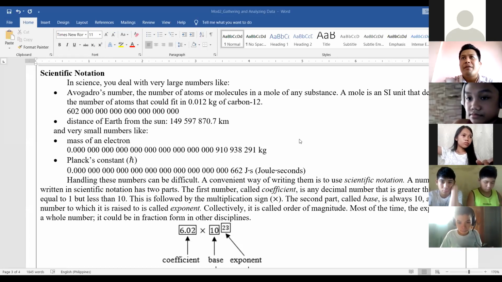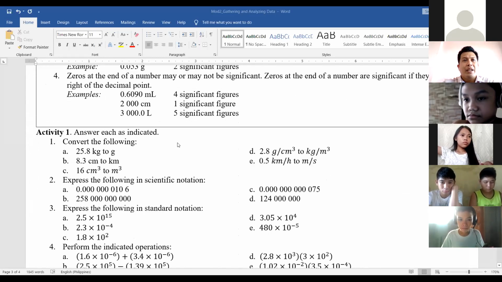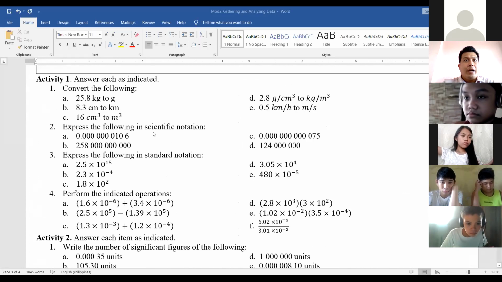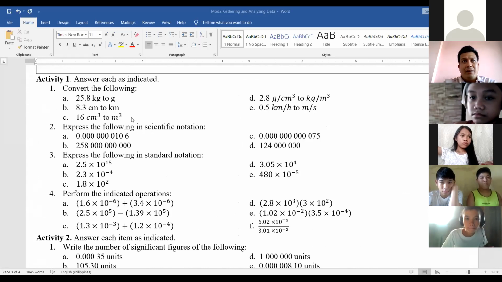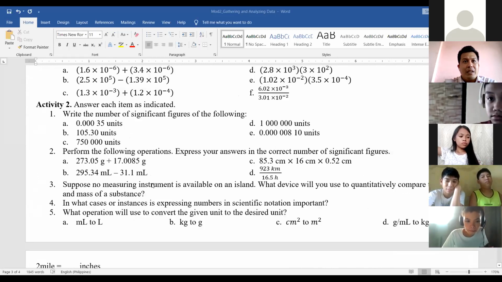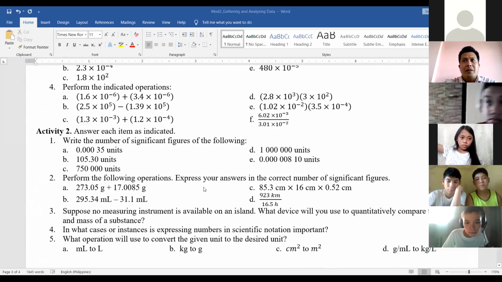So you have now the activities that follow here. Please answer the activity and notice that there are a lot of examples under scientific notation and standard notation whatsoever. Don't answer those. So in activity 1, you'll only answer number 1, A to E. And then in activity 2, you're going to answer only those questions that lead to our lesson.